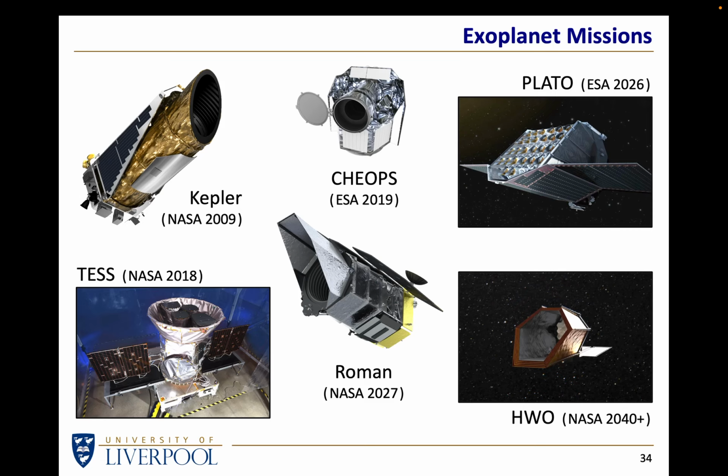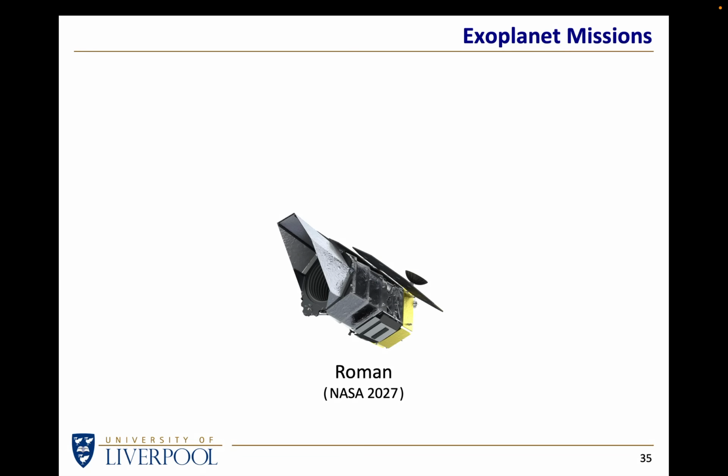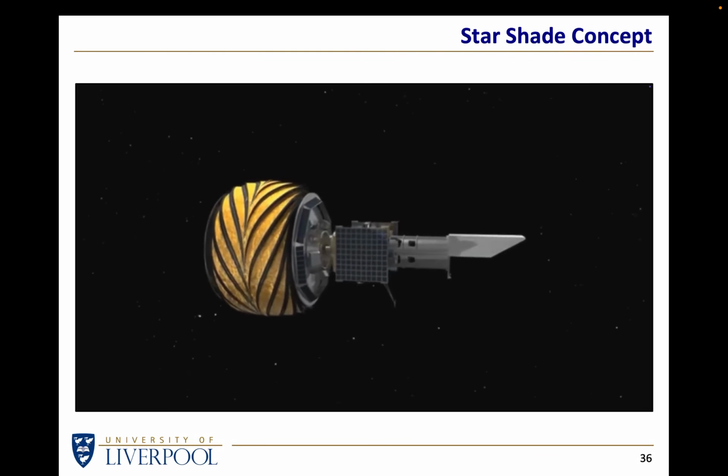I said earlier that one way of directly imaging a star is to use an occulting disk, usually a very small disk, not one this size, a tiny little disk inside the telescope to block the light of the star. But with the Nancy Grace Roman, they thought, well, there actually might be another way of doing it. And so there are plans, though nothing is set in stone just yet, to launch the Roman telescope with a star shade.